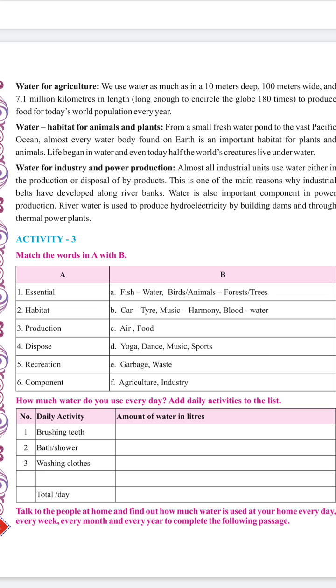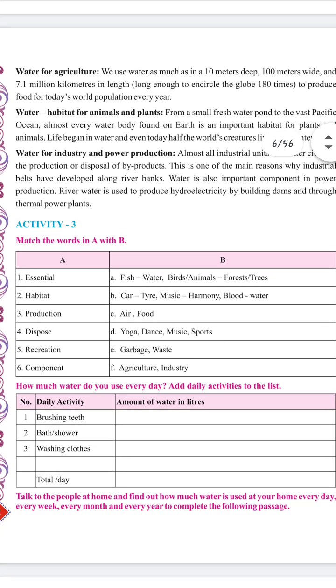Maybe you will need one more 5-liter bucket, so nearly about 10 liters of water you will be easily able to wash it properly. And if the clothes are there in a big number, you will use more water for cleaning them. So if you are having any more, you can put number 4 in the next column and write the activity and how much water is used for it.